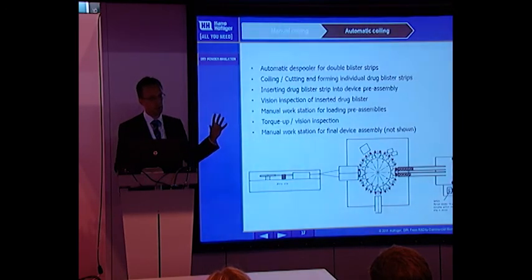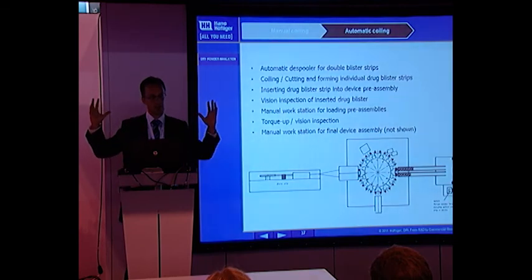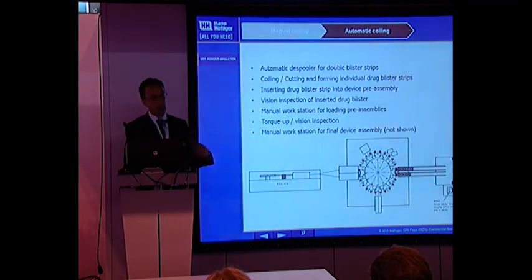We also developed an automatic process where you take the endless blister wheel, put it into the next machine, and here this machine will do the automatic cutting and coiling process, and then assemble it also into the device.